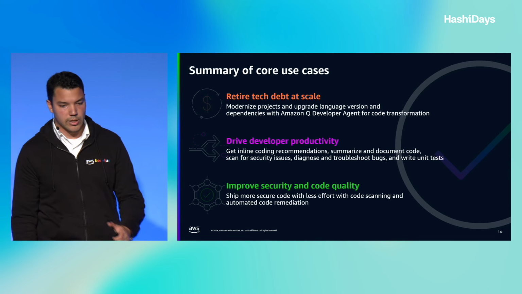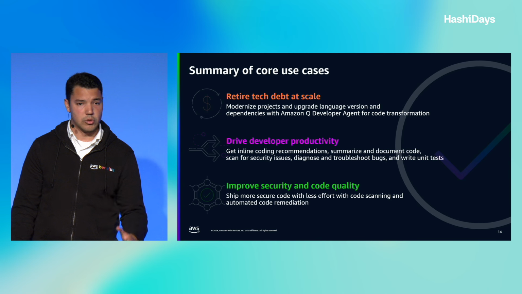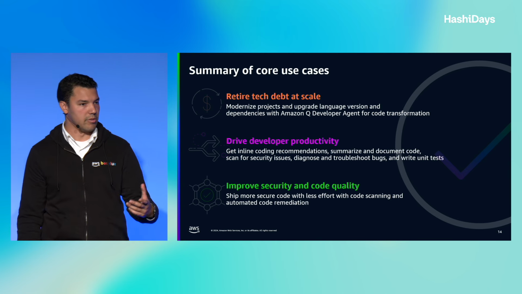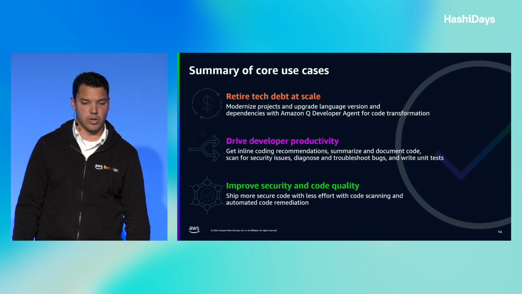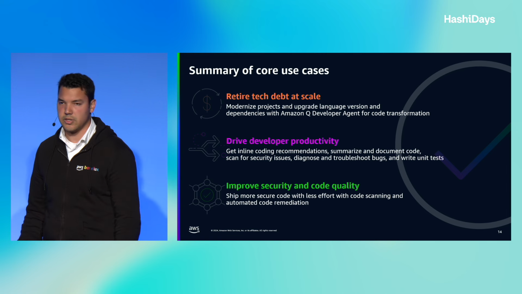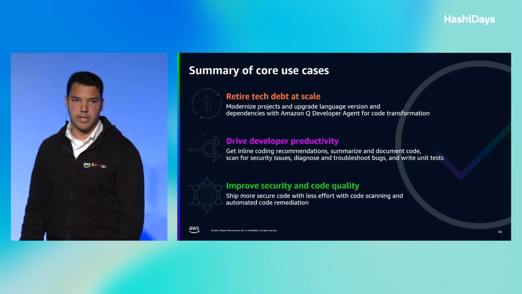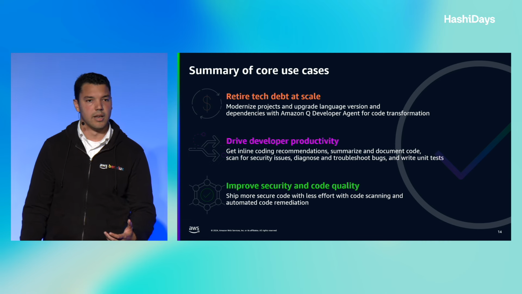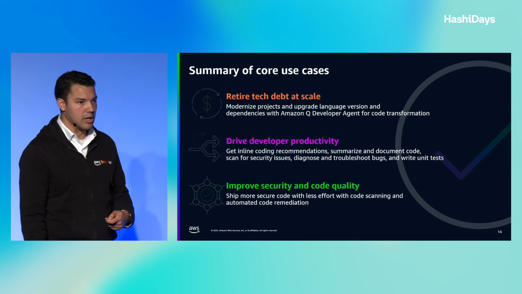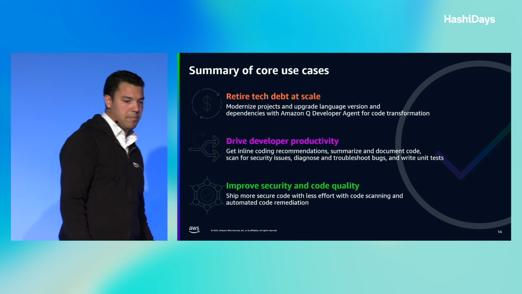Now, I would like to wrap up with the three major use cases that I have been seeing in the field for Q, especially when it comes to the deployment of infrastructure as code and Terraform resources. The first one is retiring tech debt at scale. This is because infrastructure as code provides a way of being dynamic over time and evolving your infrastructure as you move on your cloud journey.